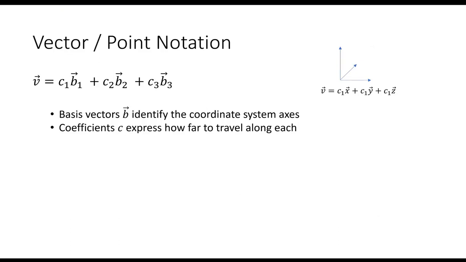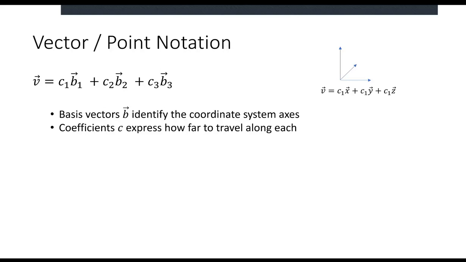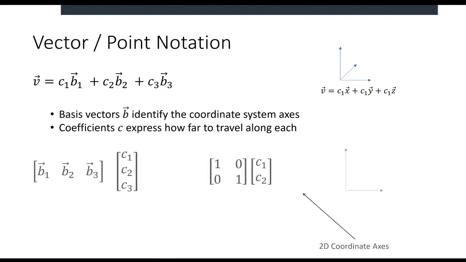But either way, what we're talking about here, right, is just a notation for what it means to have a point, right? So a point in a coordinate frame is essentially just a vector with the basis being my coordinate system axes. So the coefficients are going to tell me how far I travel along each of those. So here I can represent this vector v, right, as saying, okay, go C1 steps down basis vector 1, C2 steps down basis vector 2, and C3 steps down basis vector 3.